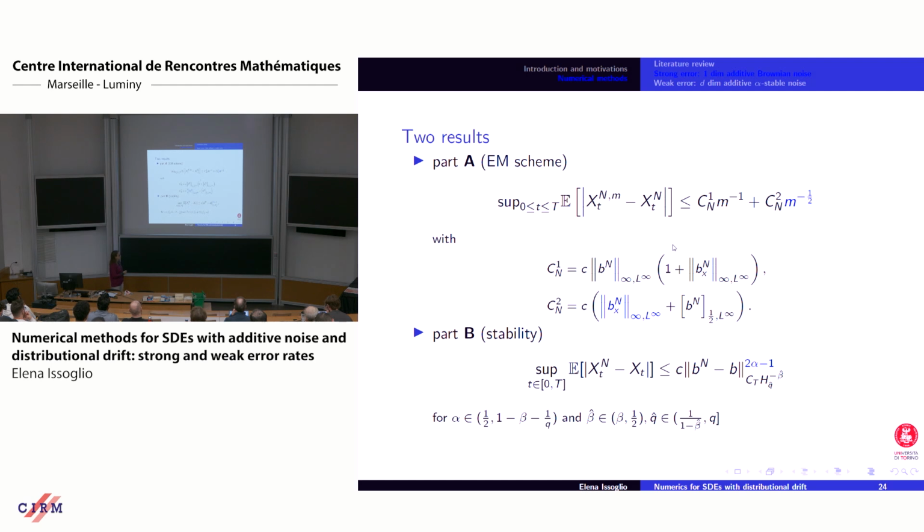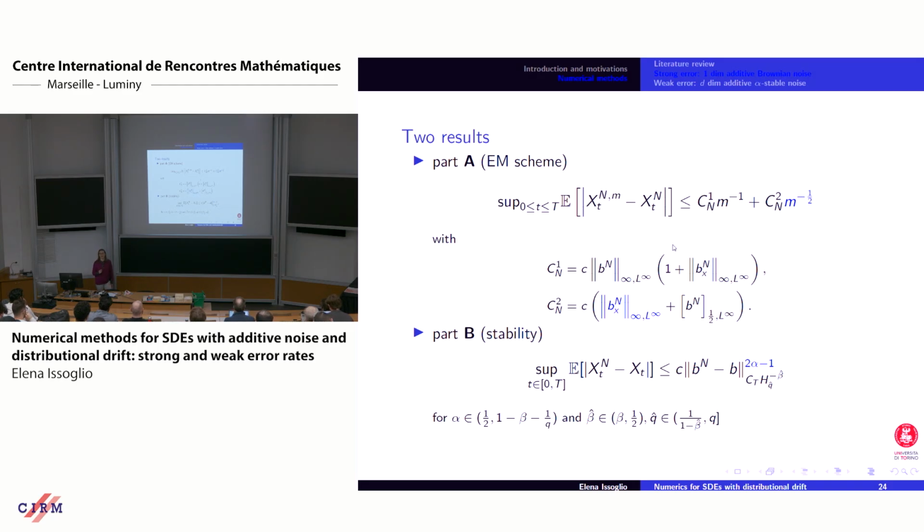In the second part, the estimate is the stability. And we use virtual solutions to do all these computations. So we do essentially the stability for the process Y that I described before, and then go back to X. But in this transformation, there are some bits which are alpha Hölder continuous, and in doing this back and forth, you get this power 2 alpha minus 1, which is tiny because alpha is tiny. It's big.